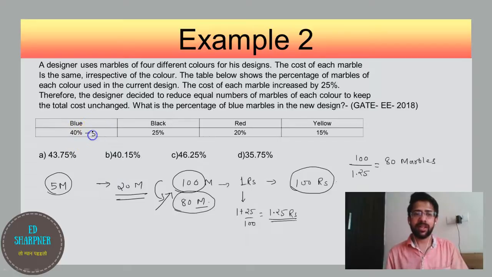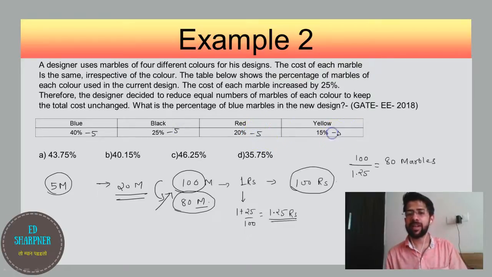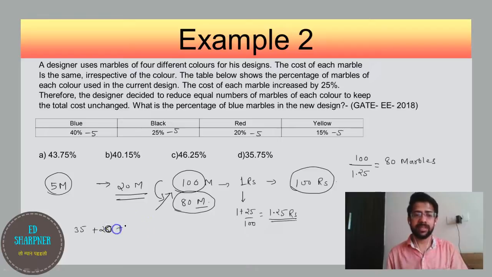So my new marble numbers are 40 minus 5, 25 minus 5, 20 minus 5 and 15 minus 5. I have new blue marbles of 35, black marbles are 20, red marbles are 15 and yellow marbles are 10. These are the numbers after reducing 5 marbles from each color.